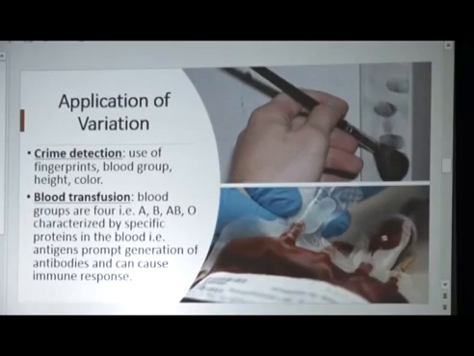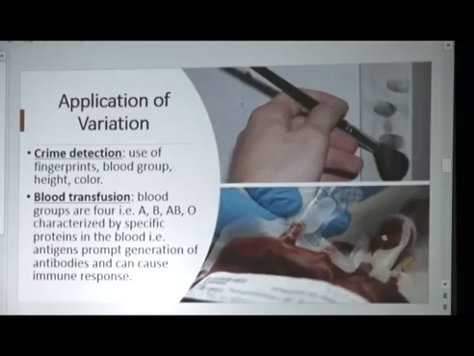For instance, let's say an accident victim needs blood, and that accident victim has blood group A. The blood that is going to be transfused into him must be blood group A or O, and not AB or B.